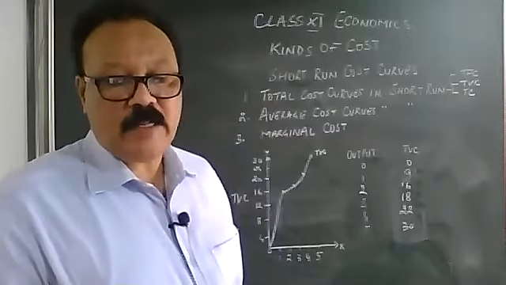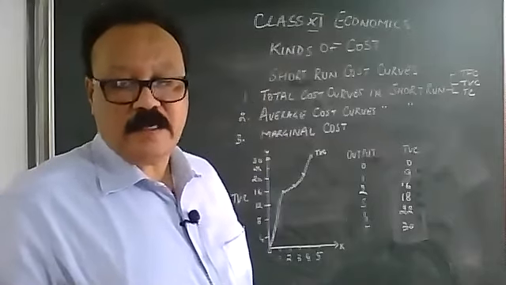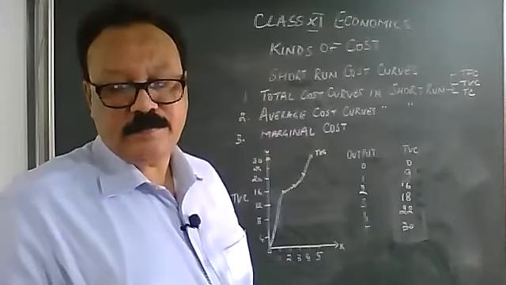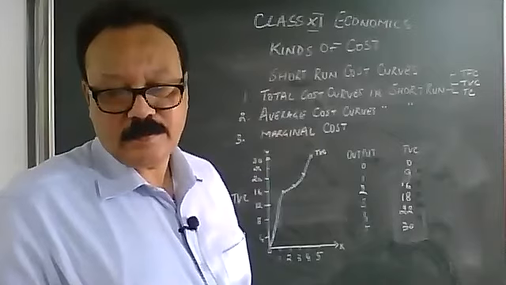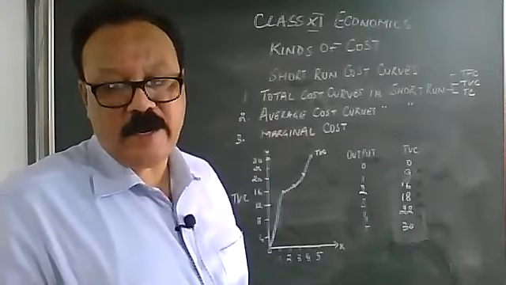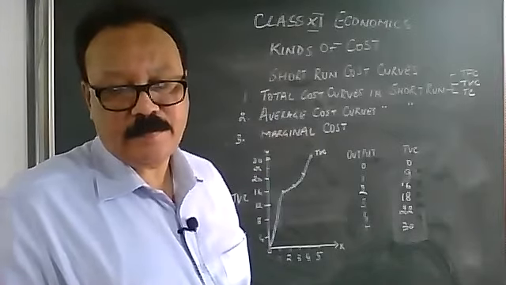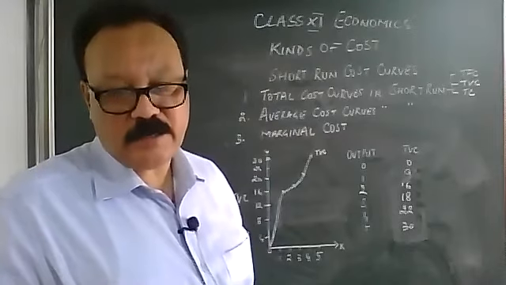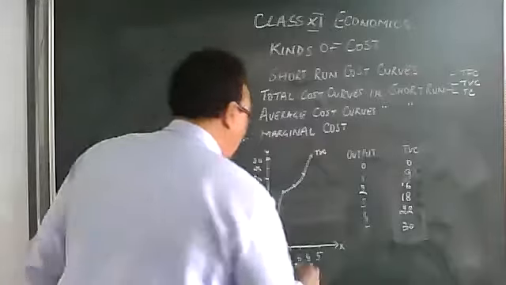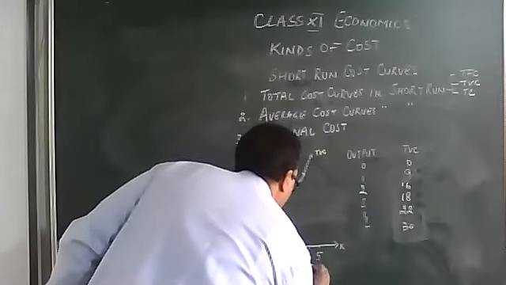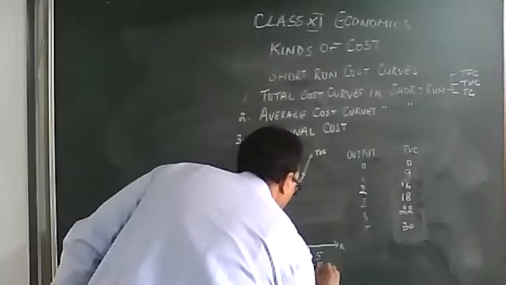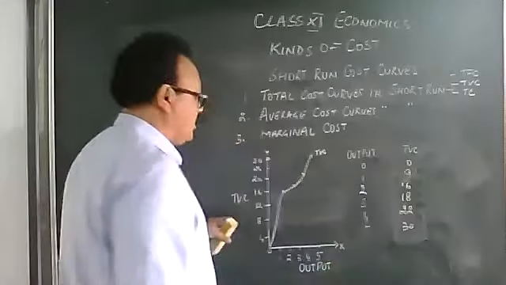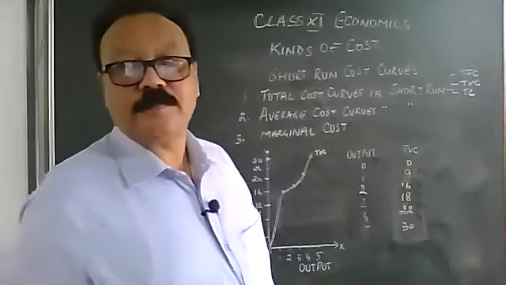It shows that at the beginning, TVC rises at a diminishing rate, and later on it rises at an increasing rate. So we have output over here, and this is the total variable cost.